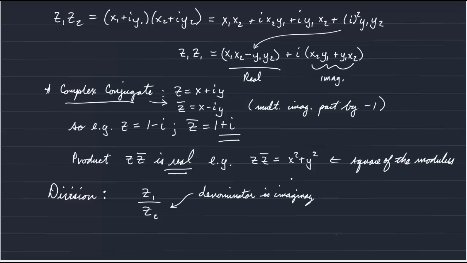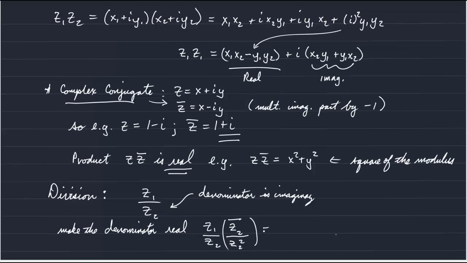So one thing we can do is convert this into an expression involving a real denominator. We can do that by multiplying z1 over z2 times 1, where 1 is written as the complex conjugate of z2 divided by the complex conjugate of z2.